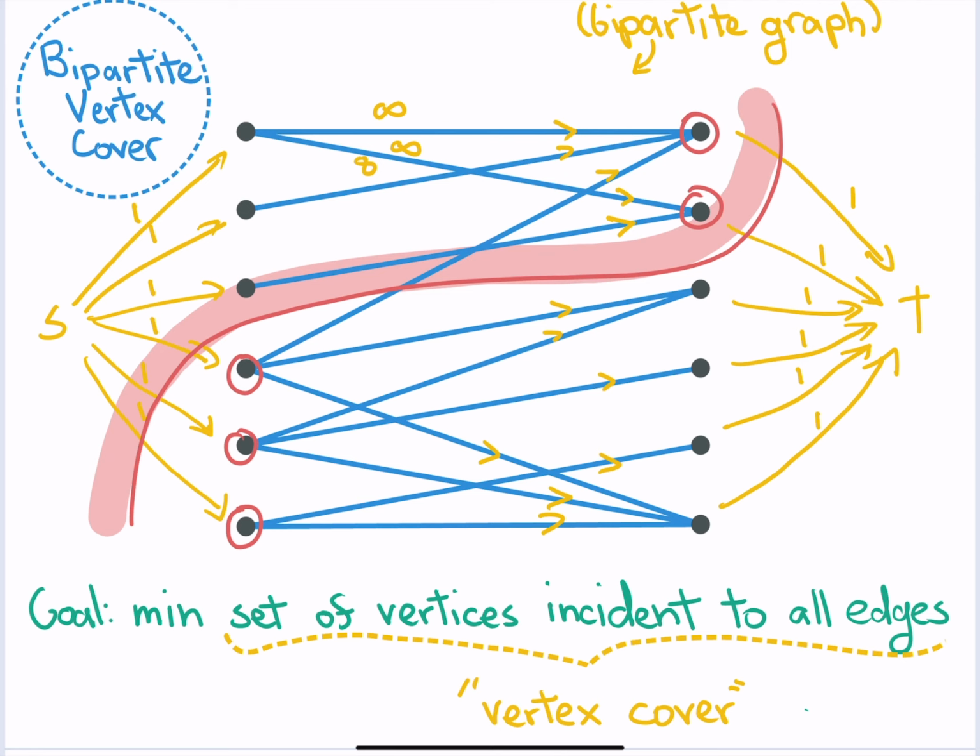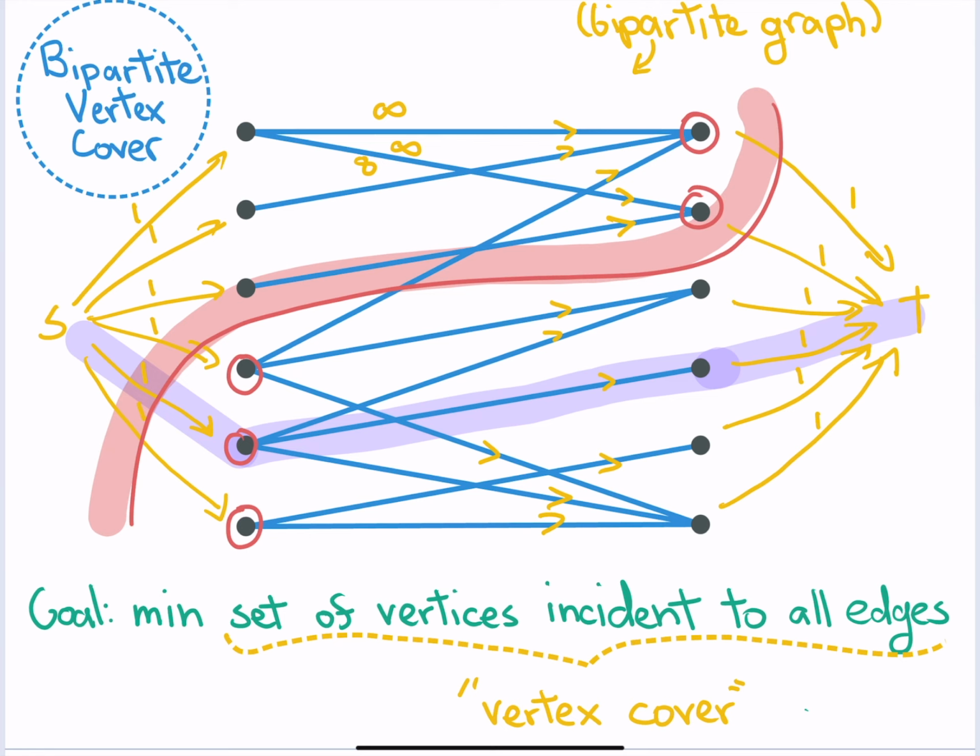Well, if I look at any path from S to T, I need to make sure that I break every path from S to T. And all the paths in this graph have a very simple form. They go from the source to some left vertex, across the middle, and into the sink. That's how all the paths look.